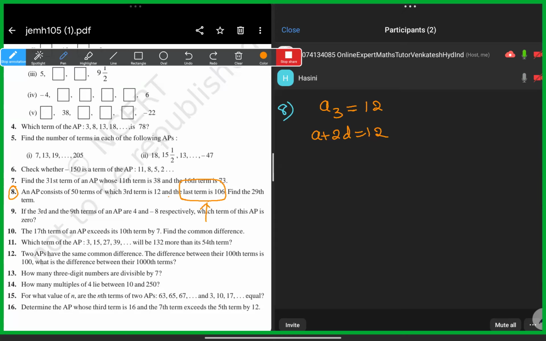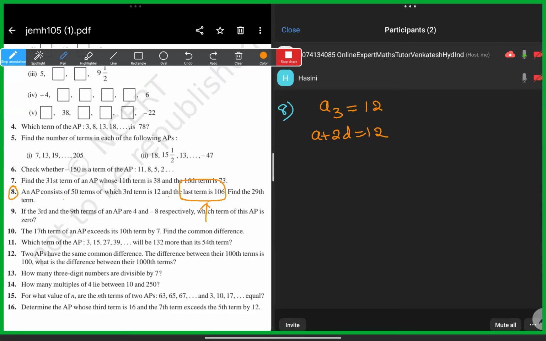Which term is 106, as per the question? I cannot hear you, Hasni. Sir, it's 106 only, right? Yes, 106 is the last term. Which term is that 106, according to the question?